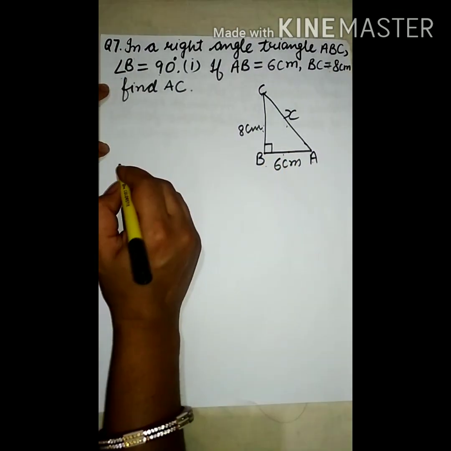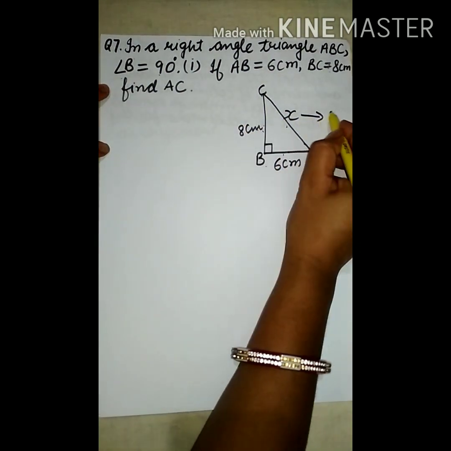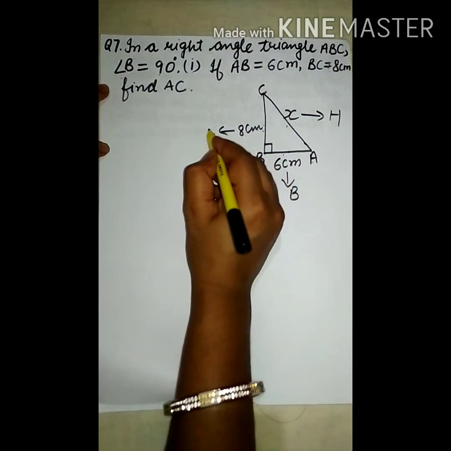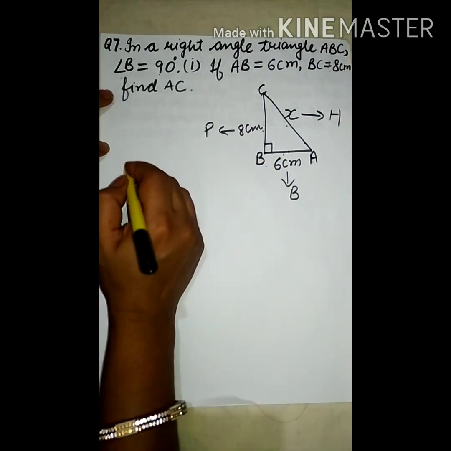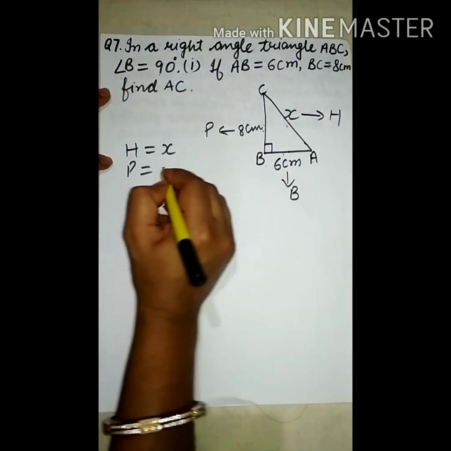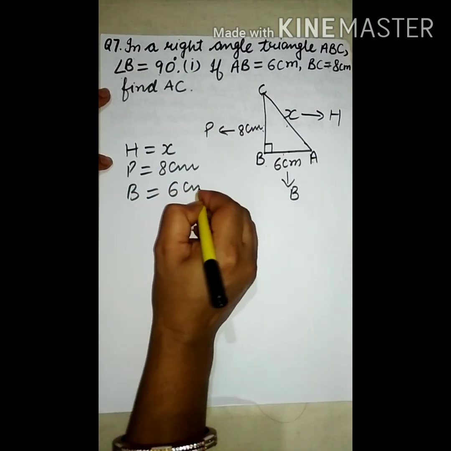So I will write here, firstly, as we know that this is hypotenuse, this is base, and this is perpendicular. So now H is equal to X, P is equal to 8 centimeter and B is equal to 6 centimeter.